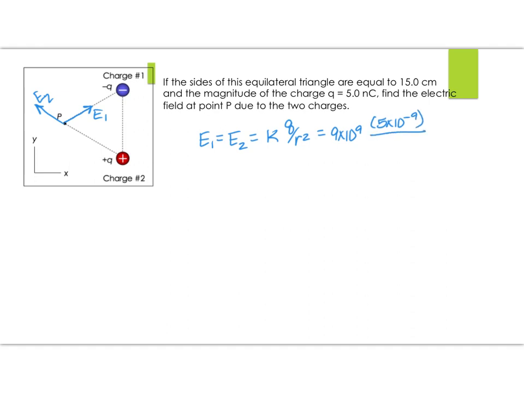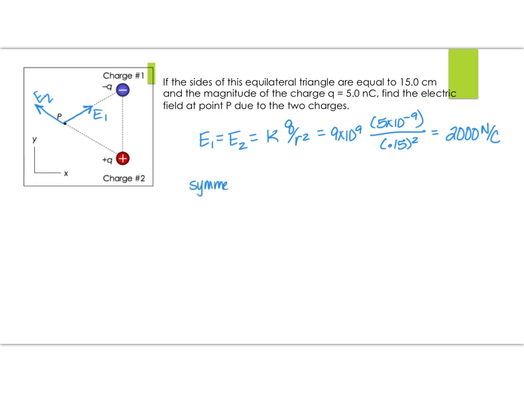They have the same magnitude of charge, same distance away. The R is 15 centimeters. And if we do the calculation, we find that this is about 2,000 newtons per coulomb, which is the unit for electric field.